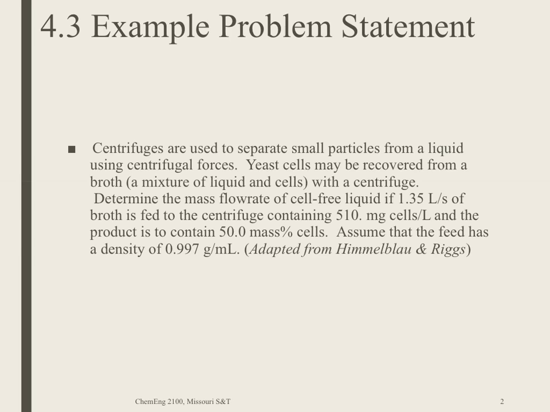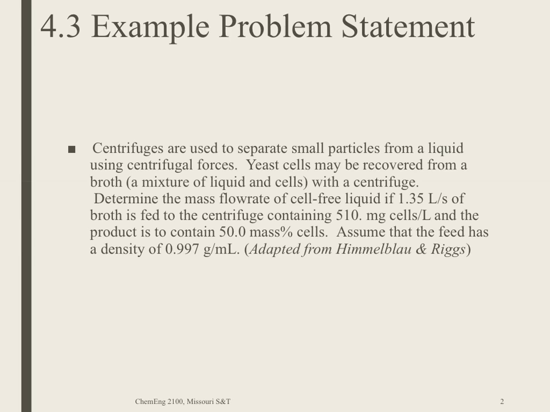In this example, the problem statement reads: centrifuges are used to separate small particles from a liquid using centrifugal forces. Yeast cells may be recovered from a broth, which is just a mixture of liquids and cells, with a centrifuge.